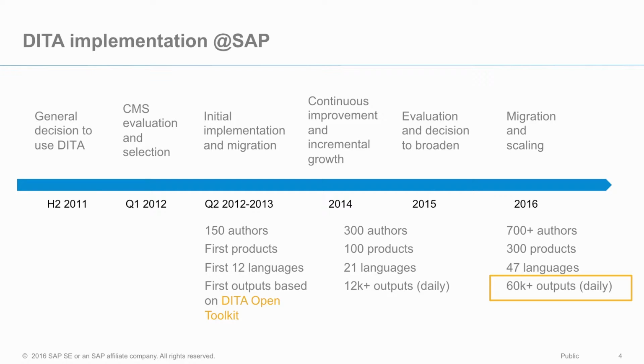So, namely the whole ERP and Business Suite product, our traditional product line within SAP. And this year we are executing on this decision, and for example we are about having 300 products, 47 languages, and as I mentioned before, 60,000 outputs produced daily.